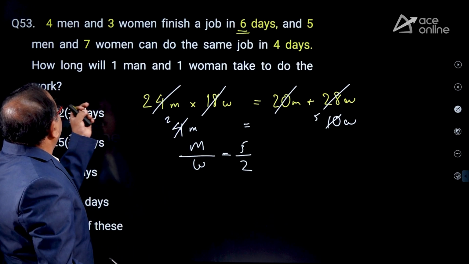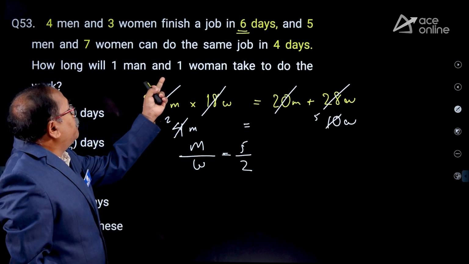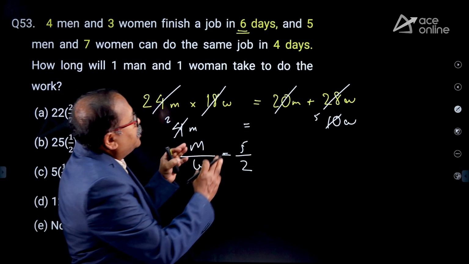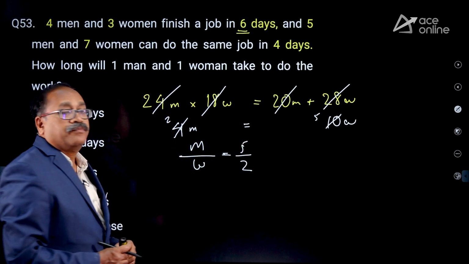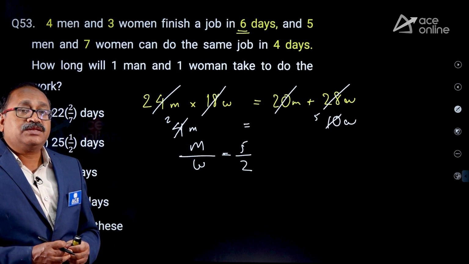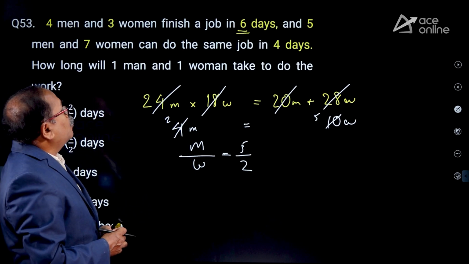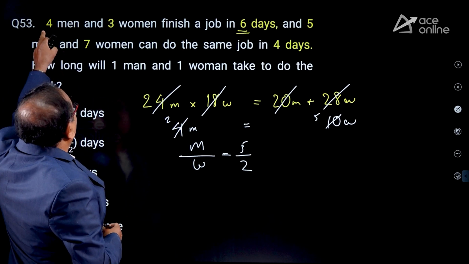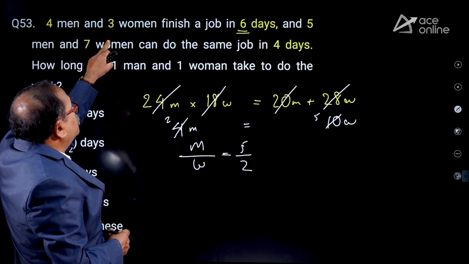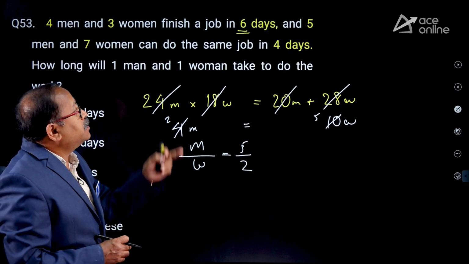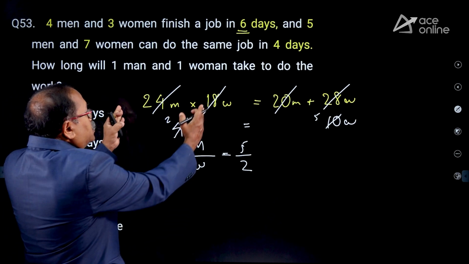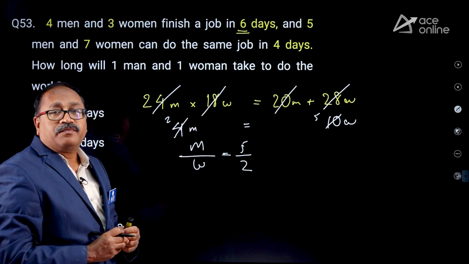Now, the question says how long will a man and a woman take to do the work? So first find out what is the work. And the work is nothing but there are 4 men and 3 women and 6 days. So this volume is the work volume.